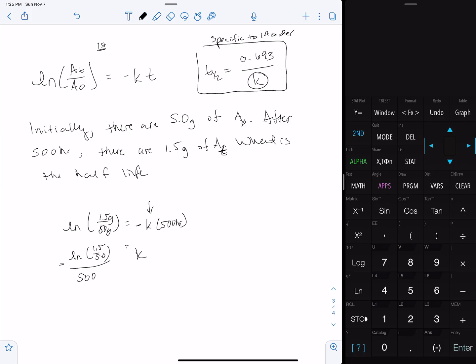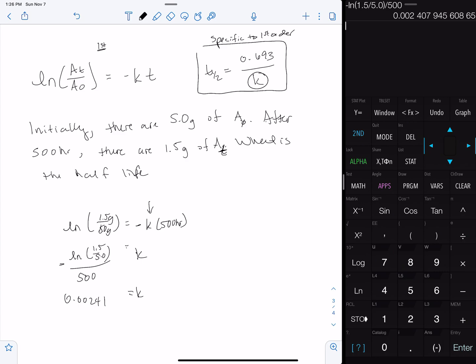So negative ln of 1.5 divided by 5 divided by 500. You can see that my k value is 0.00241.